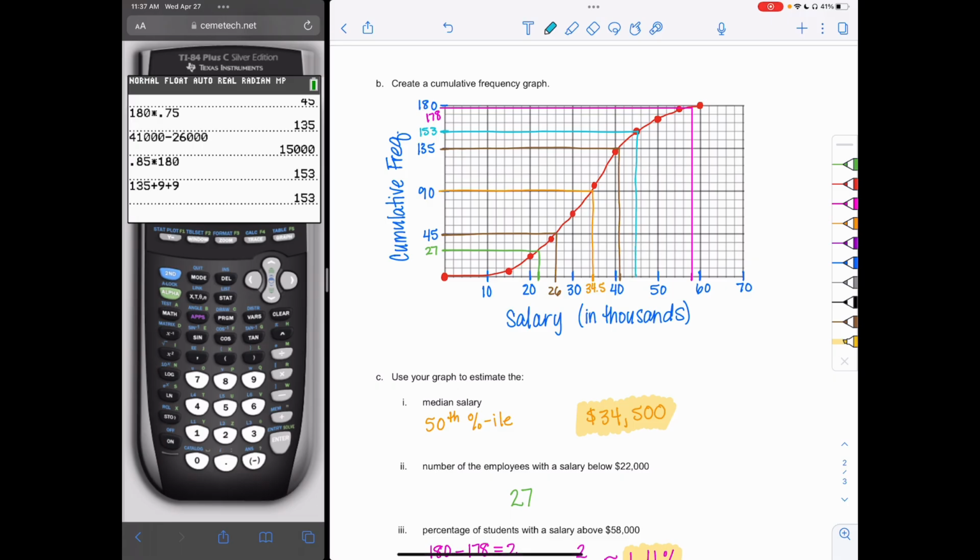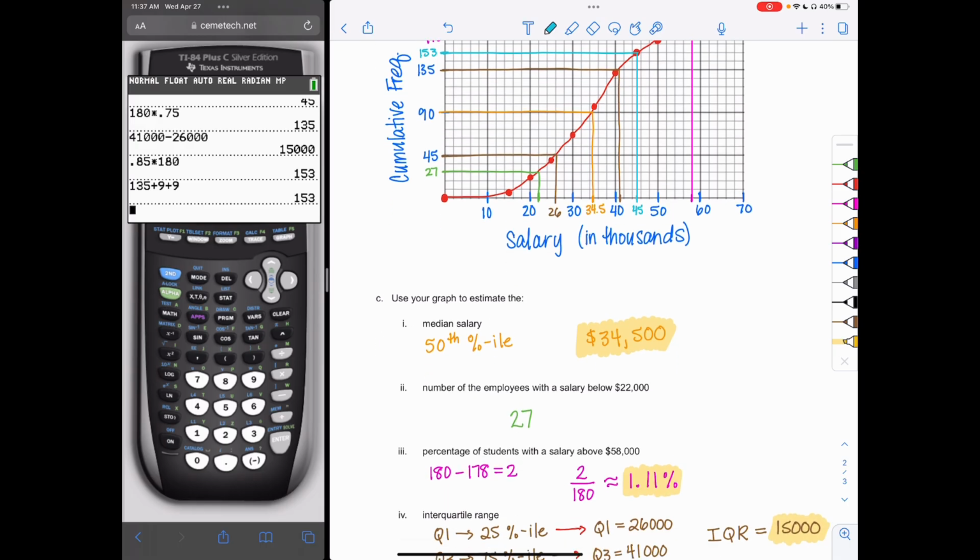All right, and you try to be as neat as possible. I would suggest when you're doing this, you want to have a straight edge or a ruler. All right, so here I would see that that is about halfway in between 44,000 and 46,000. So that puts me right about 45,000. Okay.